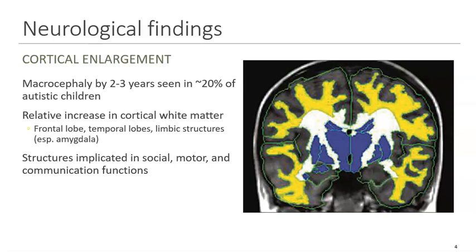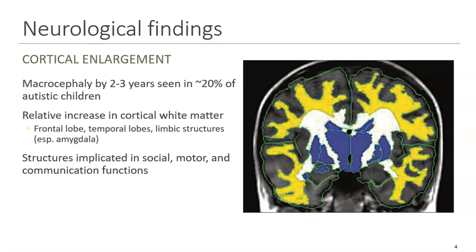There have also been some neurological findings associated with ASD patients. We do see some cortical enlargement. Macrocephaly by 2 to 3 years old is seen in about 20% of autistic children.